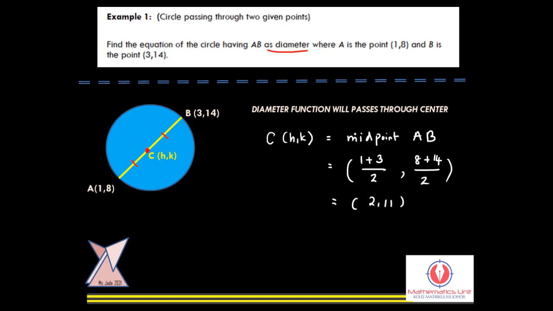Just now we said that this is the first component that we must know when finding the equation. The second component is finding the radius.